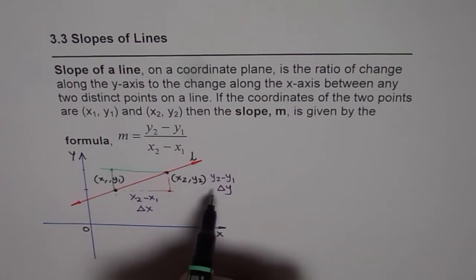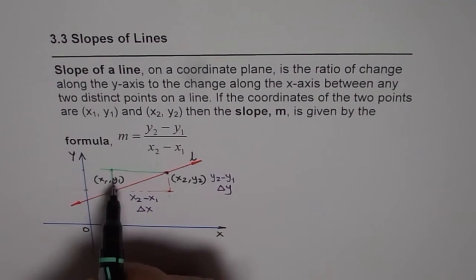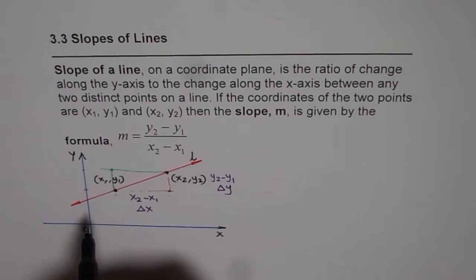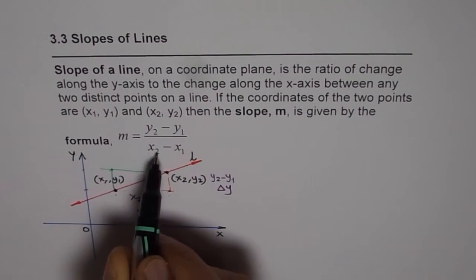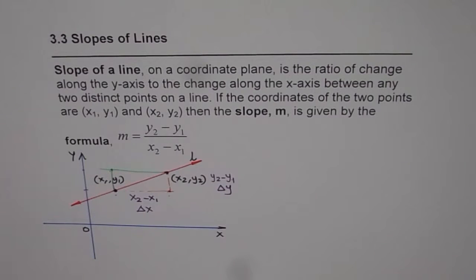This rise is y2 minus y1, and that is the run, x2 minus x1. So change in y over change in x is the slope. Slope is a very important concept, and we're going to explore it much more in the coming videos.